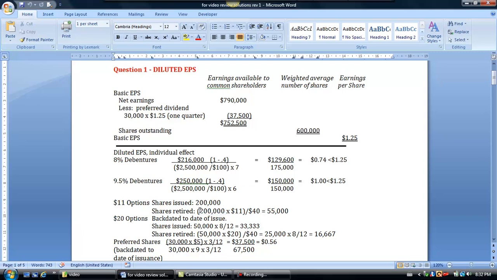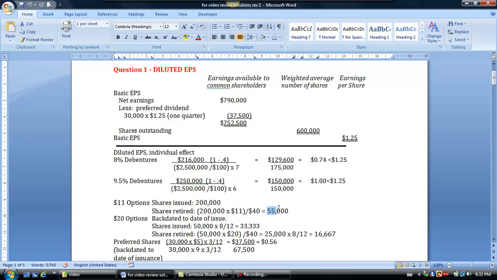We would have taken the proceeds, which would have been $2.2 million, and divided that by $40, $40 being the market price, because when we're trying to calculate the shares retired, we make the assumption under the Treasury stock method that with the money we get from the investors, we go into the marketplace and buy back the shares at $40 a share.